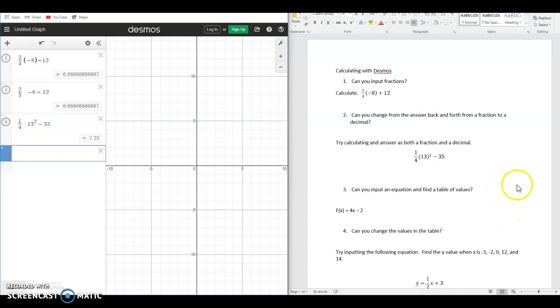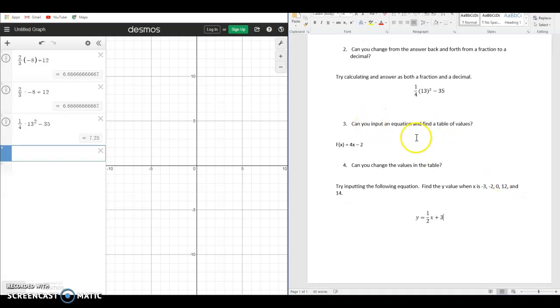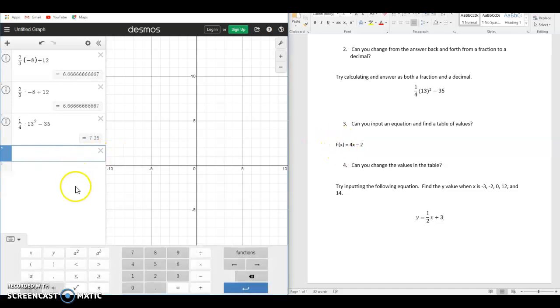Okay, so the next thing then, I want you to be able to input an equation and find a table of values. So we're going to be talking about this f of x stuff. Don't let that stress you out. But I do want you to see that I'm just using my keyboard, I can type f of x equals, and then I can type 4x minus 2. Just know if your equation gives you different variables, we only have the option to use x and y, so not a problem.